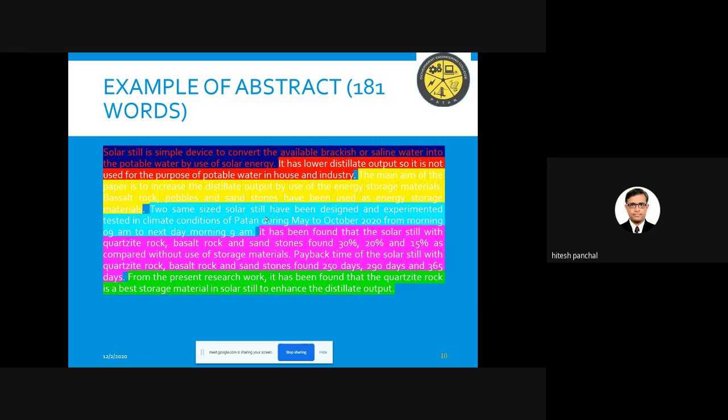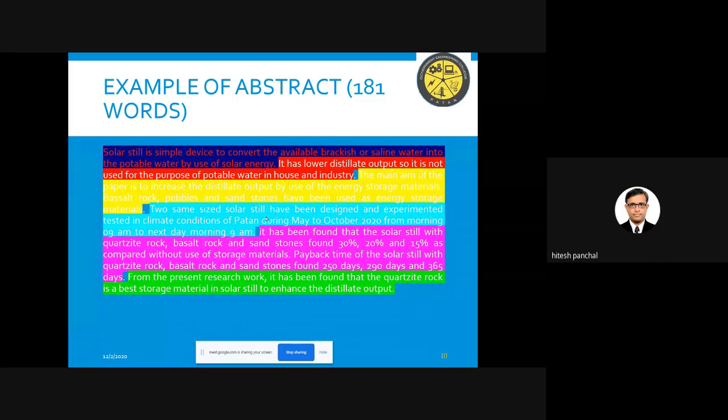The researcher experimented at Patan from morning 9 a.m. to next day 9 a.m. during May to October, and during the experimentation he obtained more output in the case of quartzite rock, and the payback time the researcher also obtained.